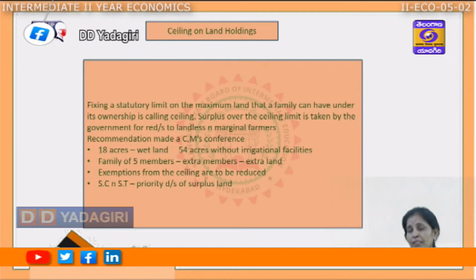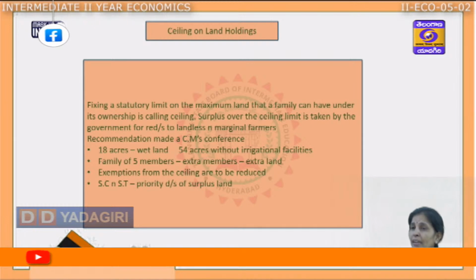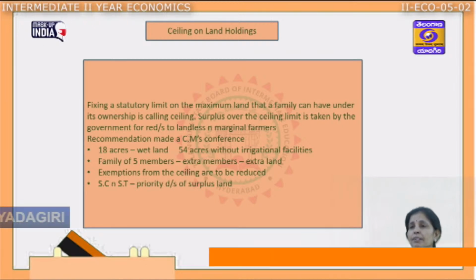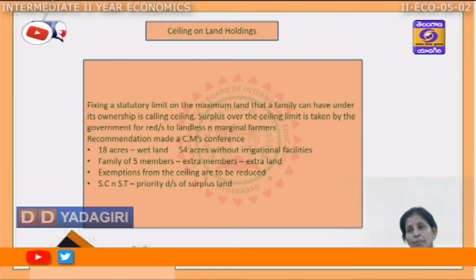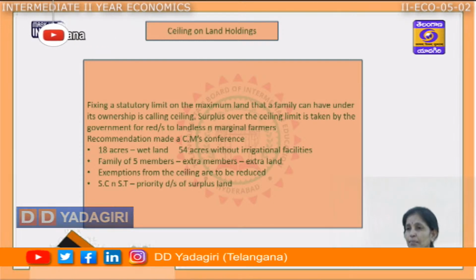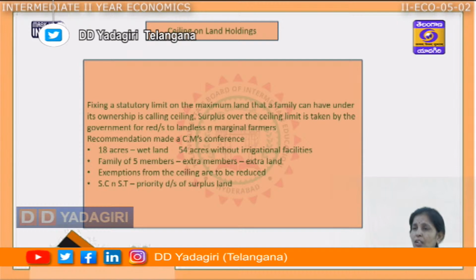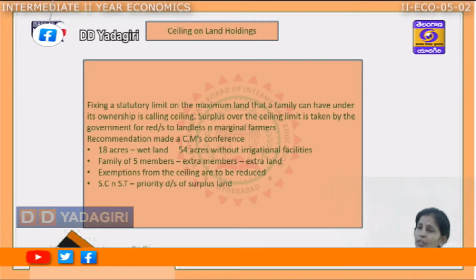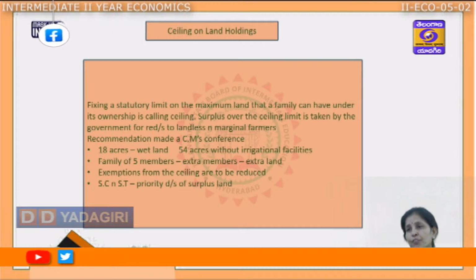a farmer with a family of 5 members can have 18 acres of land if it is fertile land. Beyond that, a ceiling will be fixed and the excess can be taken by the government. Likewise, 54 acres of dry land which has no irrigation facilities. If the farmer has such kind of land, they can have 54 acres.